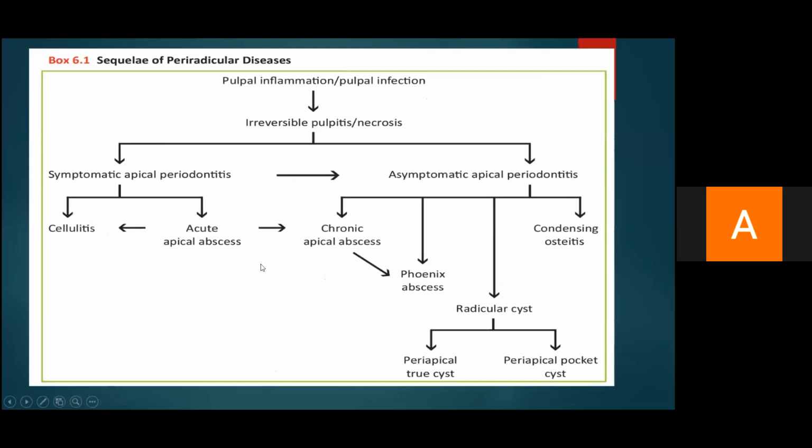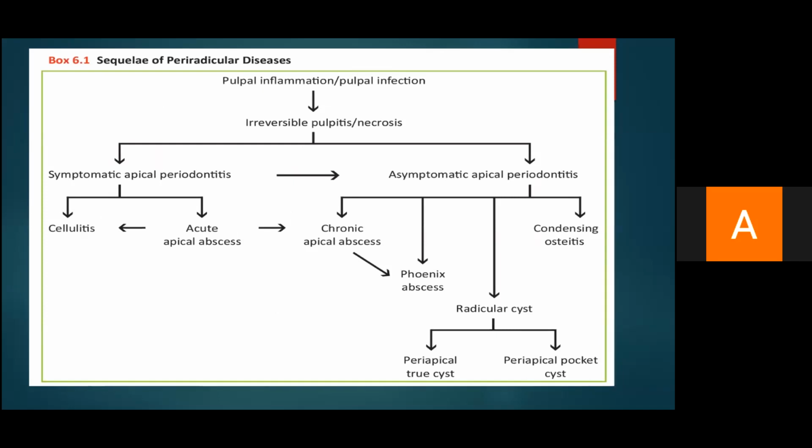So this does not only lead to pulpal inflammation within the boundaries of the pulp chamber, but if it's not looked after very quickly, the pulpal inflammation can convert into necrosis, and the infection can traverse beyond the apical foramen. It can lead to symptomatic apical periodontitis or asymptomatic apical periodontitis.